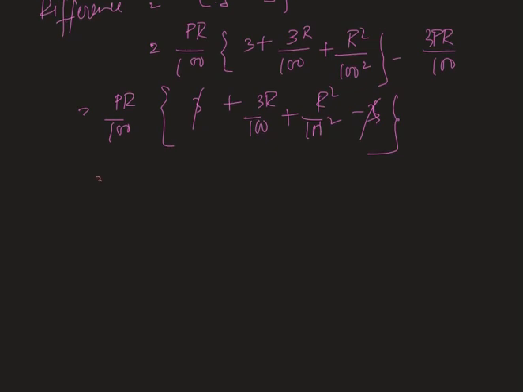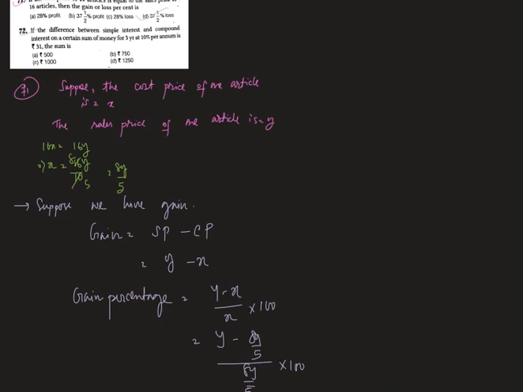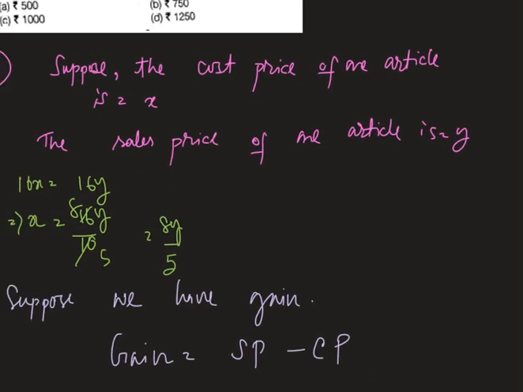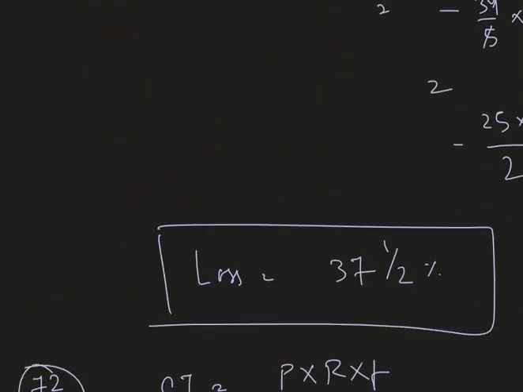We get 3PR square divided by 100 square plus PR cube divided by 100 cube, and by the question this is nothing but equal to 31.